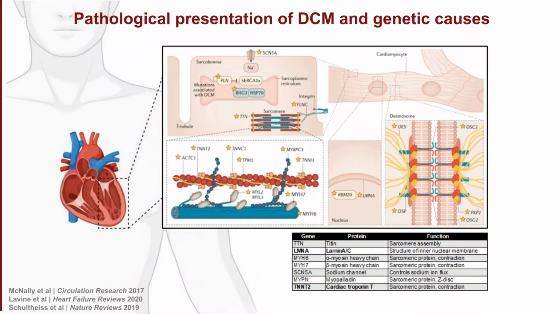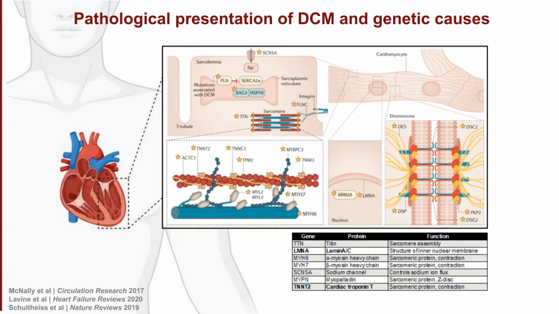Part of the difficulty with treating DCM is that it has really broad molecular manifestations. So mutations in genes encoding sarcomeric, cytoskeletal, mitochondrial, nuclear membrane, and even calcium metabolism proteins account for nearly 50% of DCM cases.